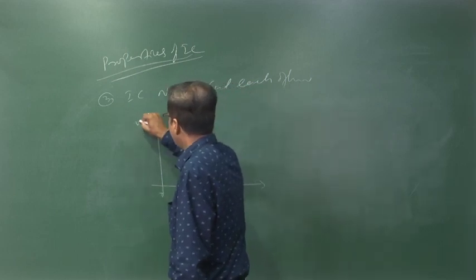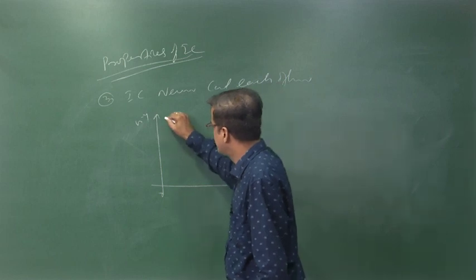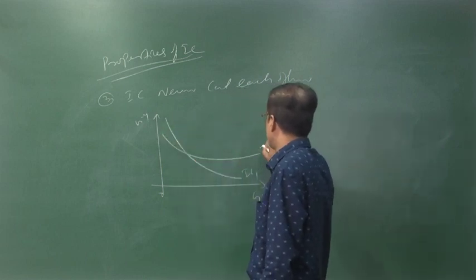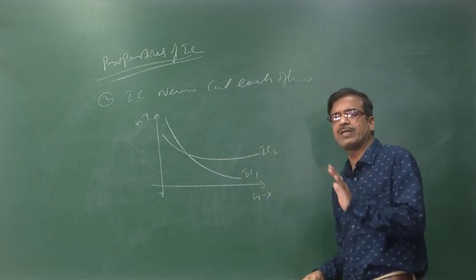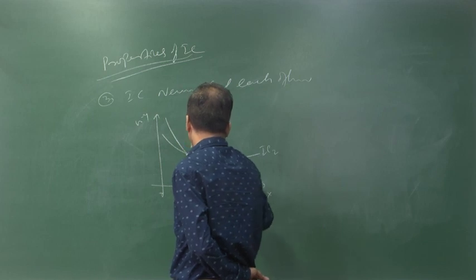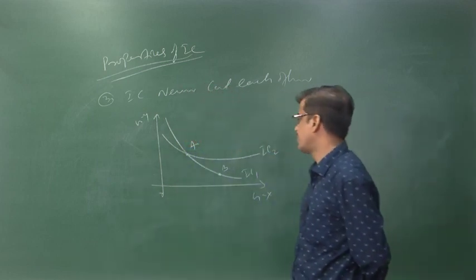Now, if they intersect, what problem arises? Suppose this is IC1, this is IC2, and suppose they intersect. Take points A and B, both lying on indifference curve 1.